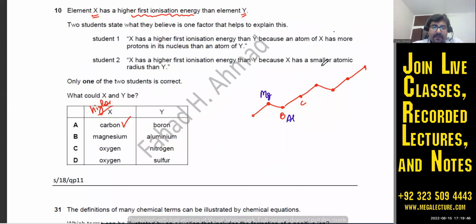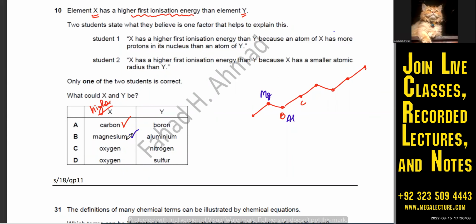So magnesium will have a higher energy compared to aluminium because at group 3 you're going to have a dip. Is that clear that magnesium has a higher energy?